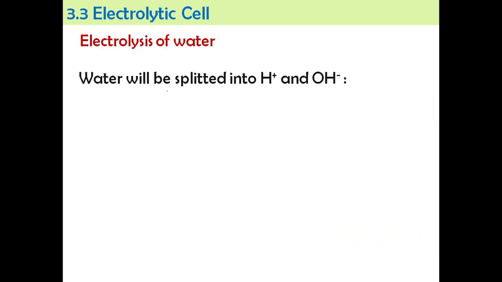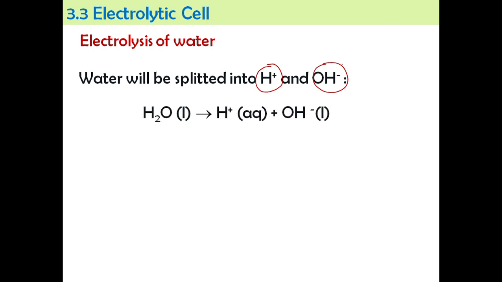Okay, so we know that, first step saya mention tadi, kena recognize what is the ion involved, exists in the species. Okey, jadi kita tahu H2O akan dissociate menghasilkan H plus dengan OH minus. Jadi ion yang terlibat adalah H plus dengan OH minus. Okey, tetapi, this is the equation.